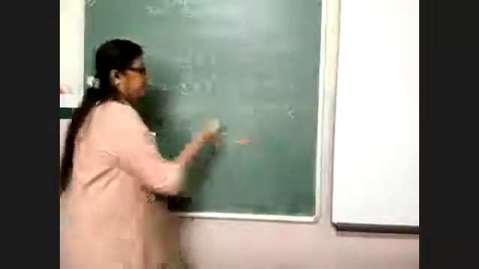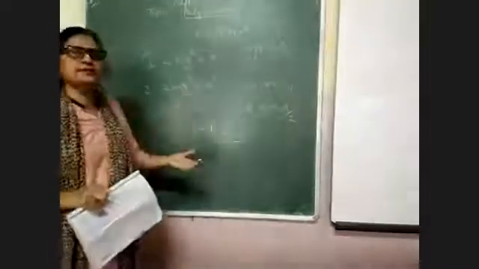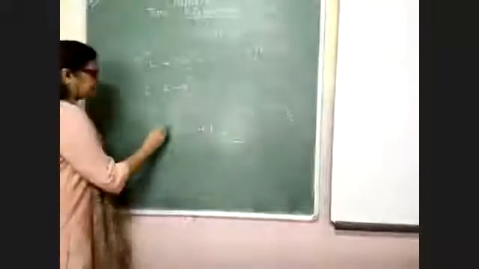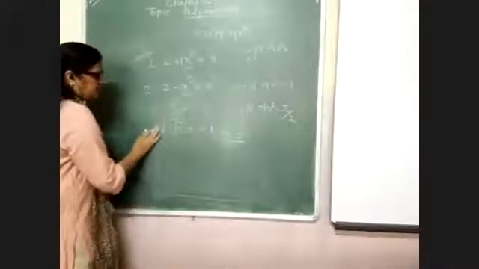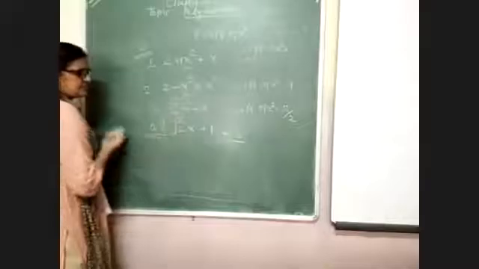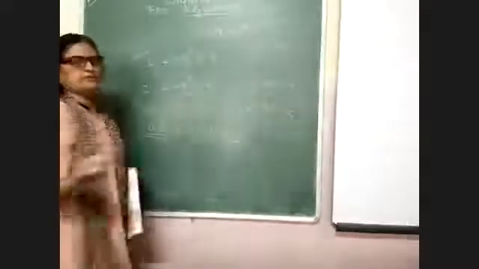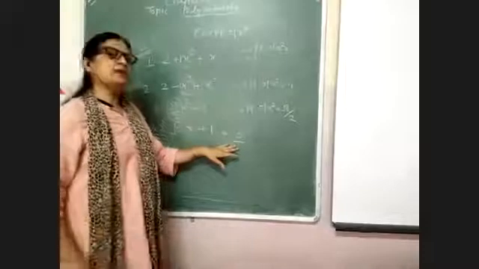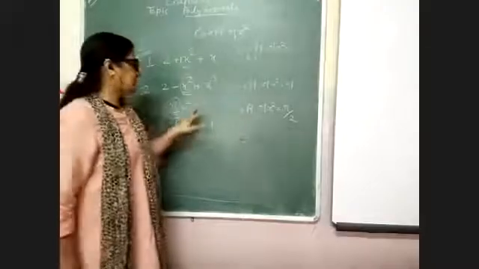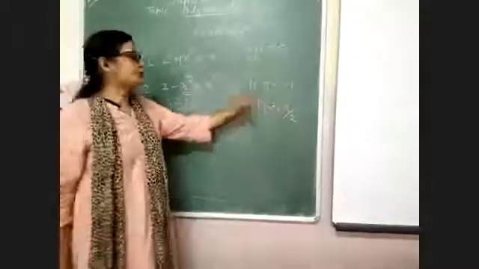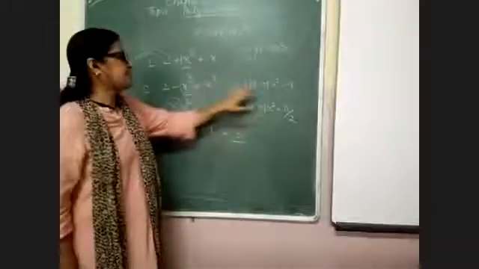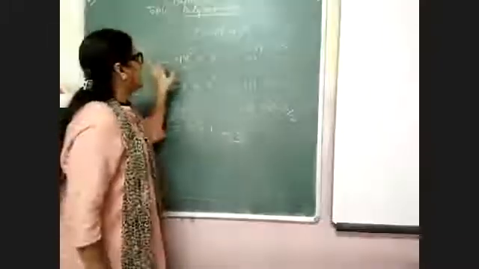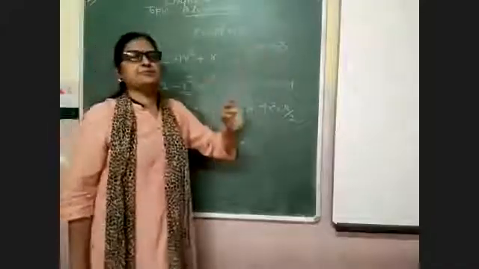Okay, because x square is not given. When you write it like this, 0 into x square, then the coefficient of x square is 0. Okay, in the last part it is 0, and in the third part it is pi/2, and in the second part it is -1, and in the first part it is +1.